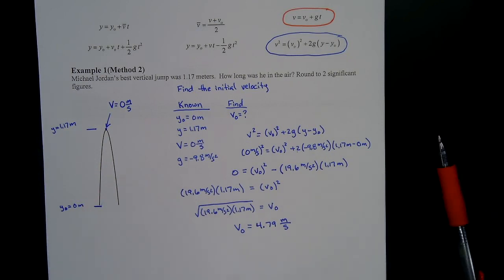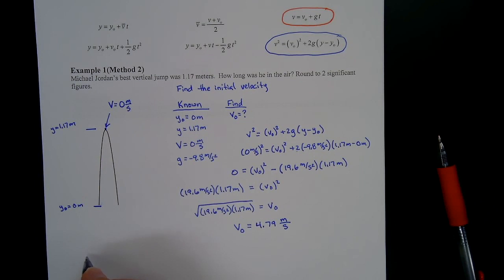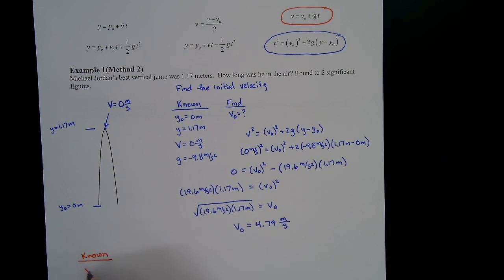All right, so here we go. I said I was going to use a separate color, okay? What's known for this part, okay, now, is that my final velocity is 0 meters per second. I now know from this calculation that V sub O is 4.79 meters per second.